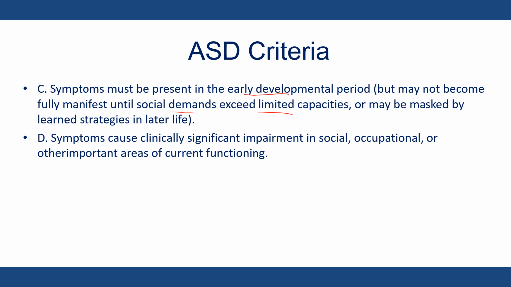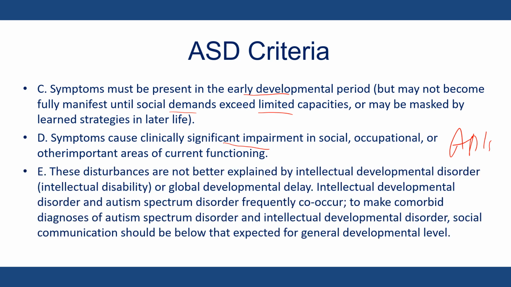Another criterion is that symptoms cause clinically significant impairment in social, occupational, or other areas. In other words, they have an impact on the ADLs. These are very common criteria for any type of mental illness, to be honest with you.